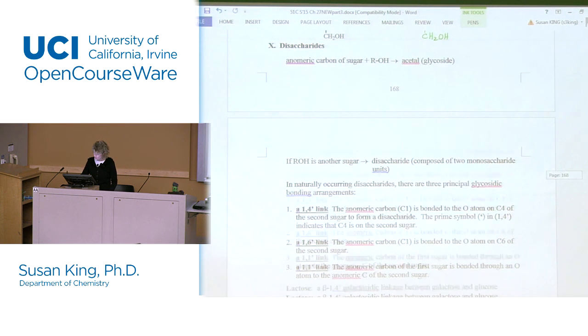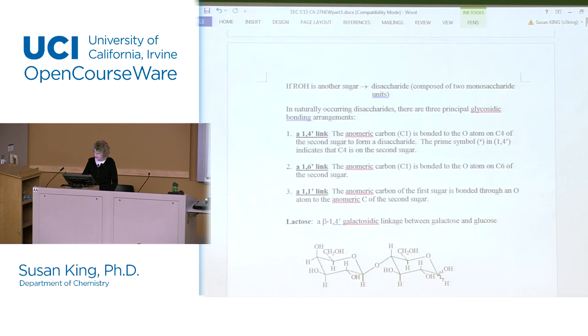In naturally occurring disaccharides, there are 3 principal glycosidic bonding arrangements. I'm going to give you an example of each of these. And I want you to be able to identify these. If I give you the structure of a disaccharide, I want you to be able to indicate what type of linkage you have. All right?